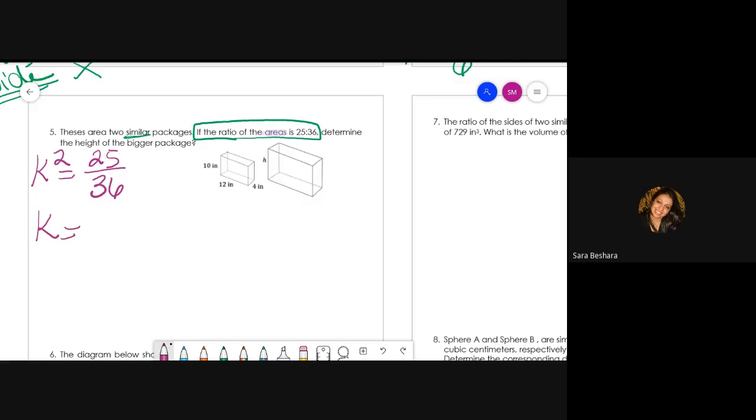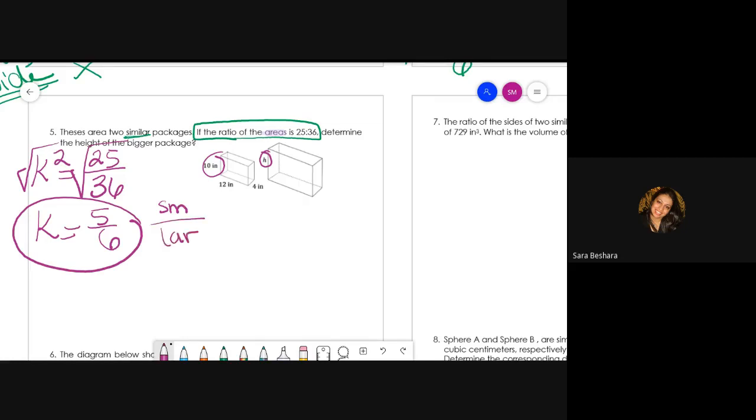So how do I find k alone? Take the square root. That will give us 5 over 6. Use this k to find the height. I don't know which is the top and which is the bottom, but 5 is smaller than 6. That means the top here is the small package, and the large would be the bottom package. So instead of going h over 10, I must go 10 over h equal to 5 over 6.